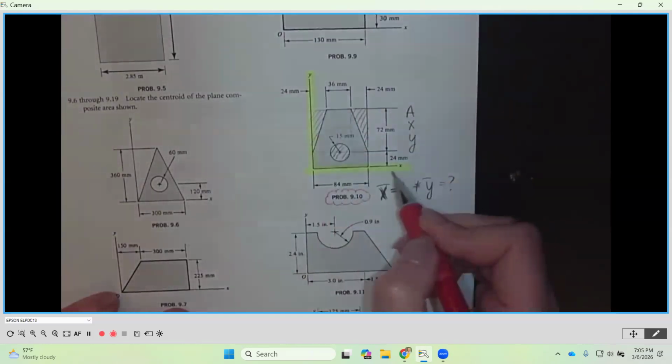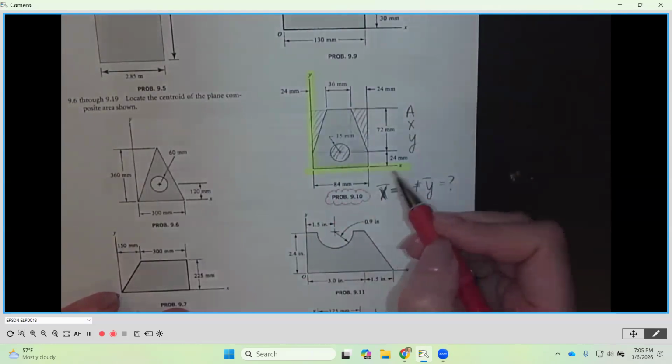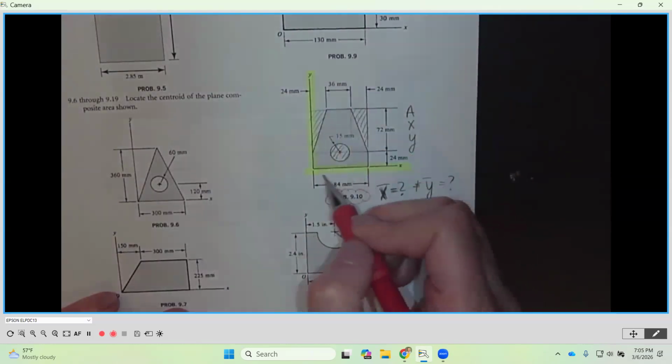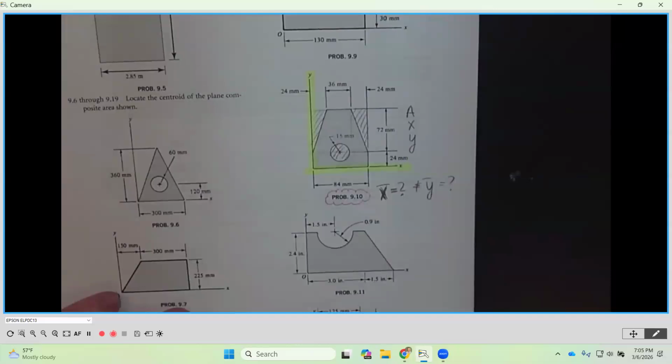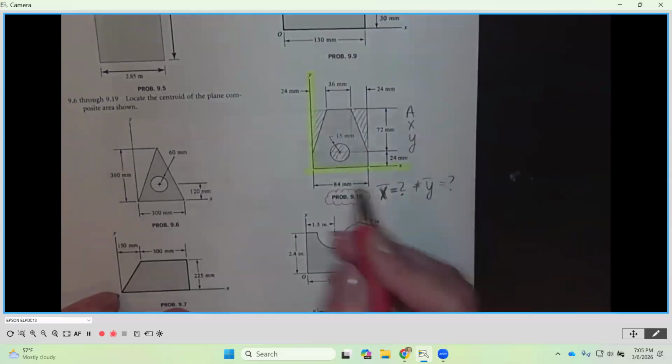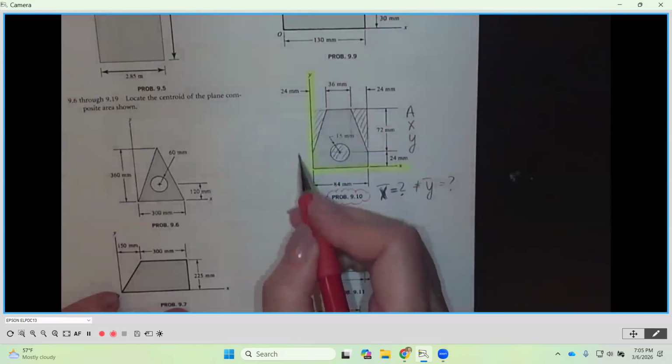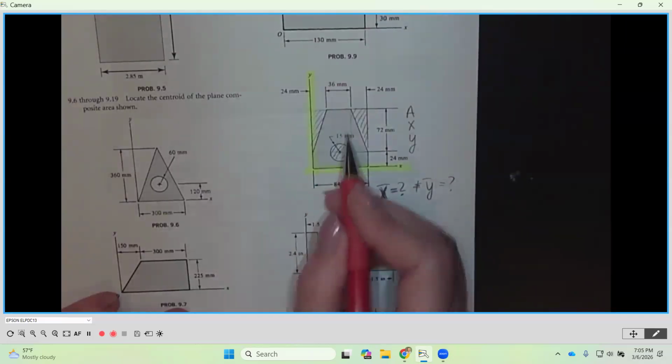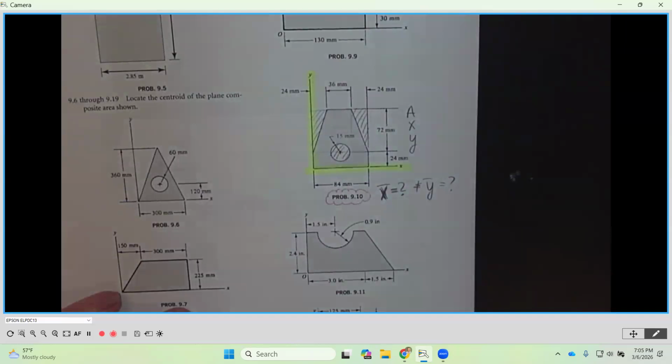So you're going to re-show your X and Y reference axis, re-show the overall sketch of the composite, and then dimension the X bar and the Y bar from the reference axis, so up and over. Any questions on the process there for problem 910?